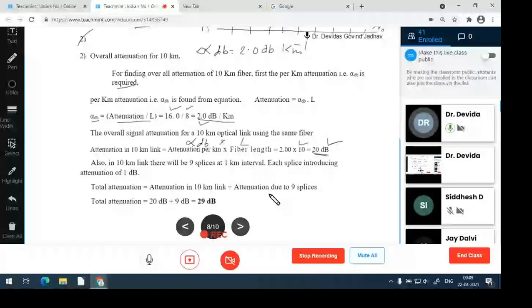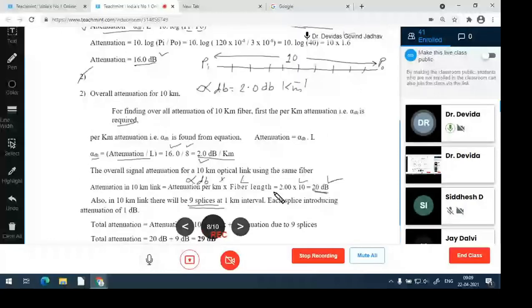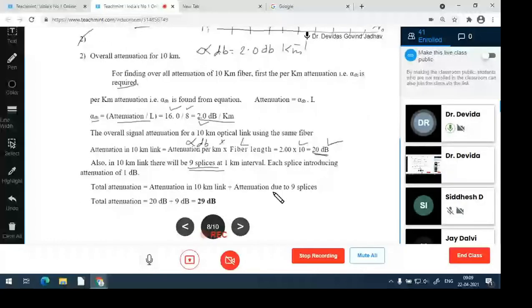Also in 10 kilometer length there will be 9 splices. How 9 splices? We have just checked. So 9 splices are required for 10 kilometer fiber. So 9 splices at 1 kilometer interval. Each splice introduces 1 dB loss. Okay.